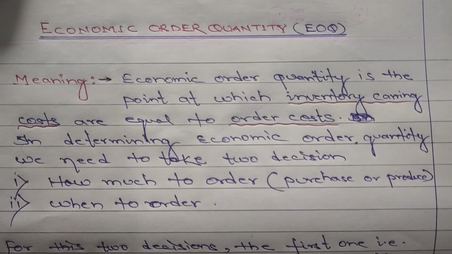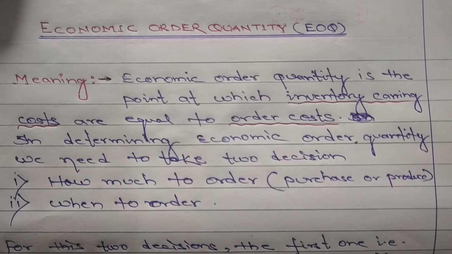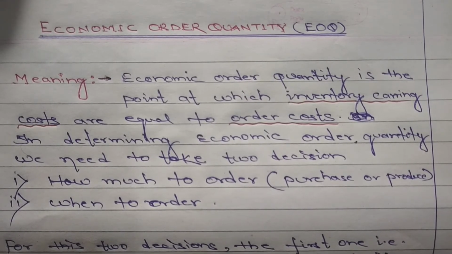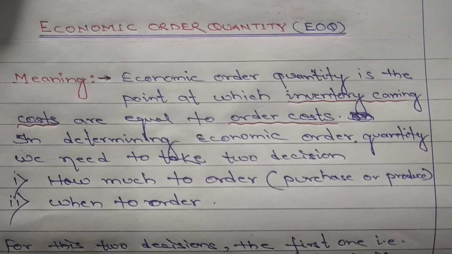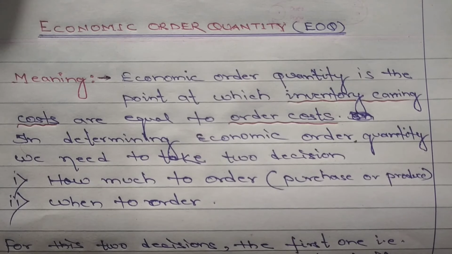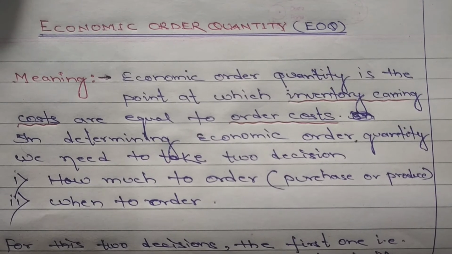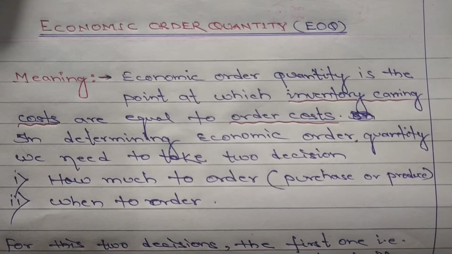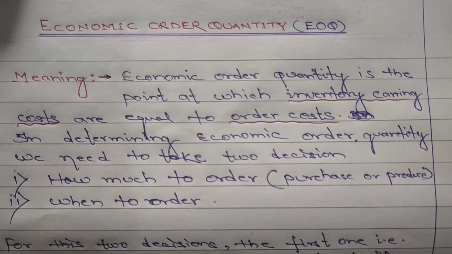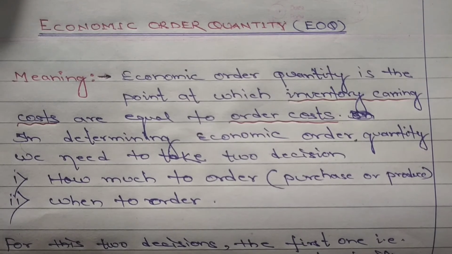Just briefly, inventory carrying cost means the cost of carrying or holding the inventories, and ordering cost is the different costs required for placing a particular order. When carrying cost and order cost are equal, then only we can understand the topic of EOQ. We'll see it in the graph also later.